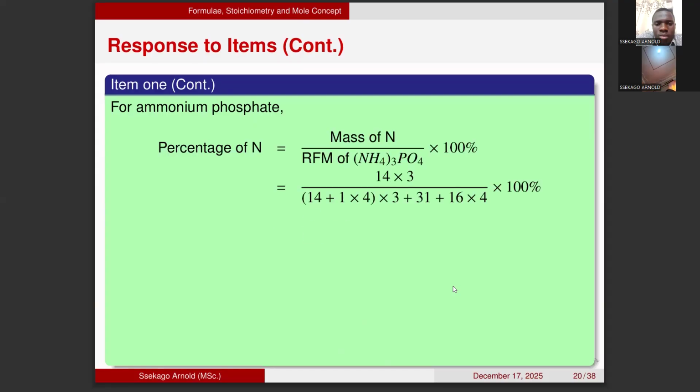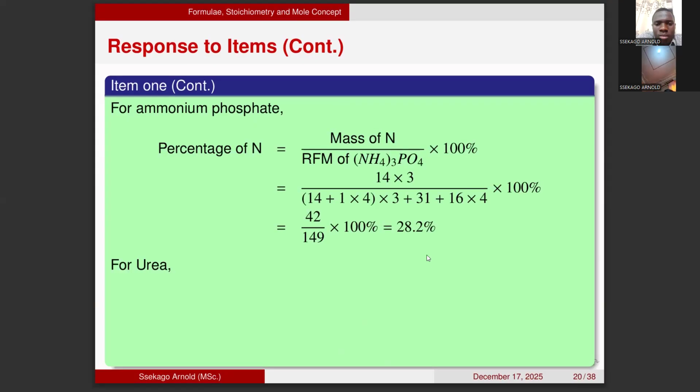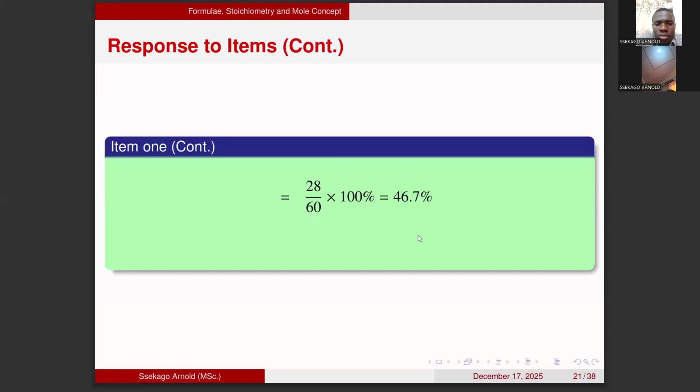Then for ammonium phosphate, we obtained 28.2%. Then for urea, we obtained 46.7%. Therefore, if you compare those 3 percentages, urea has the highest percentage of 46.7%.